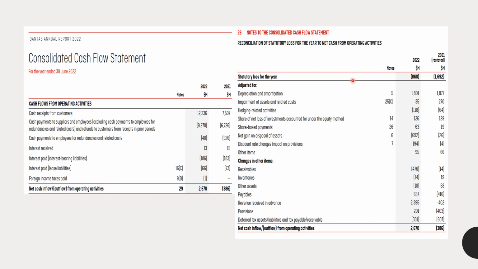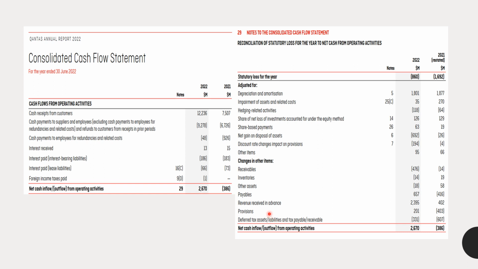Now this profit or loss is adjusted for non-cash expenses such as depreciation and amortization and impairment of assets, and it is also adjusted for other gains and losses which are non-cash, and then adjusted for changes in current assets and current liabilities.